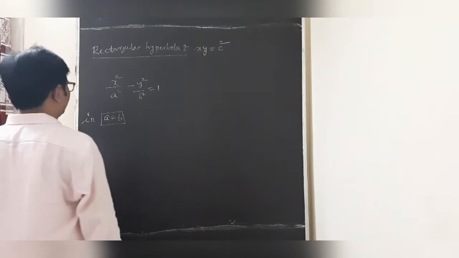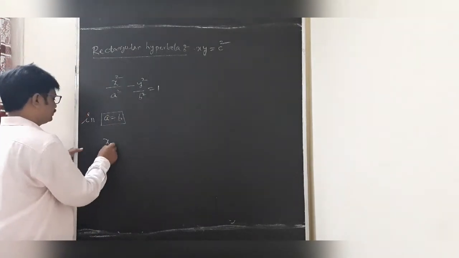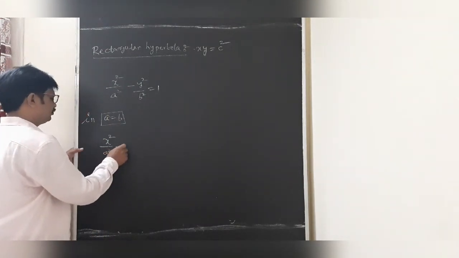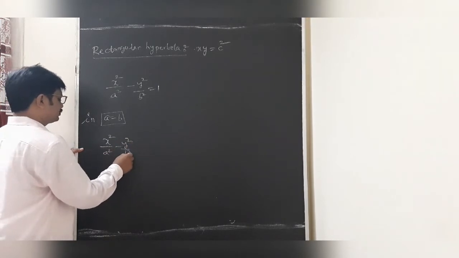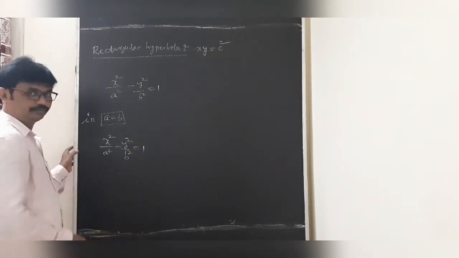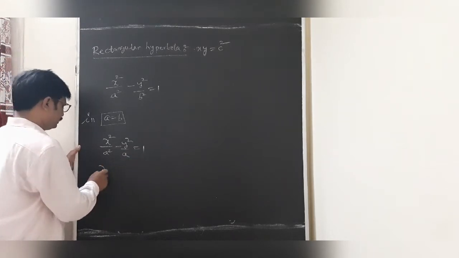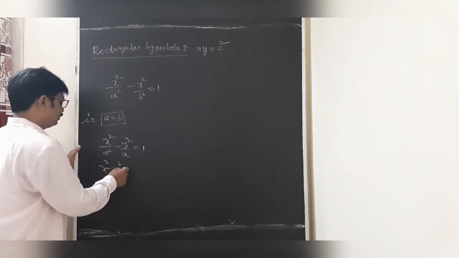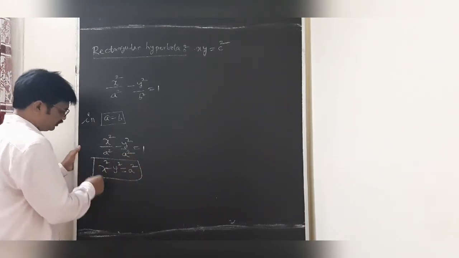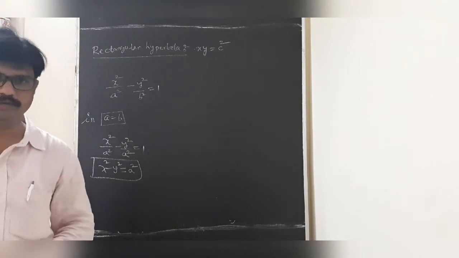Then it is called a rectangular hyperbola. When a equals b, then it is x square minus y square equal to a square. This is the equation of the rectangular hyperbola.